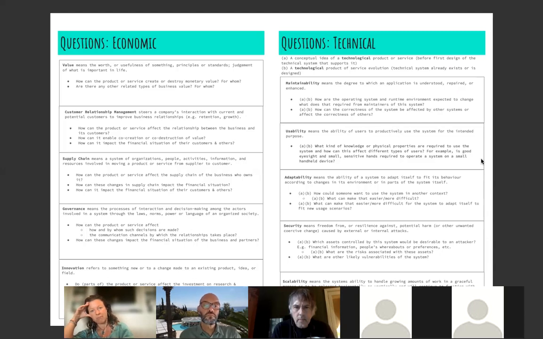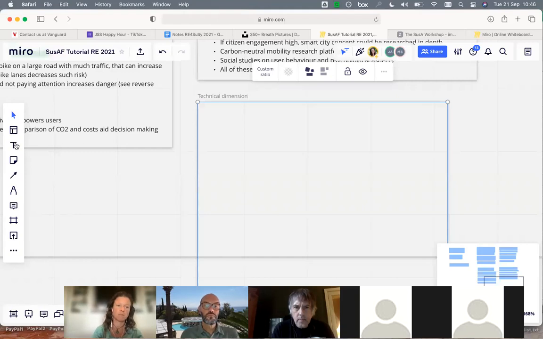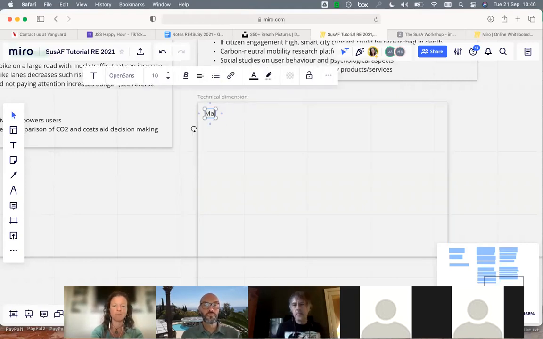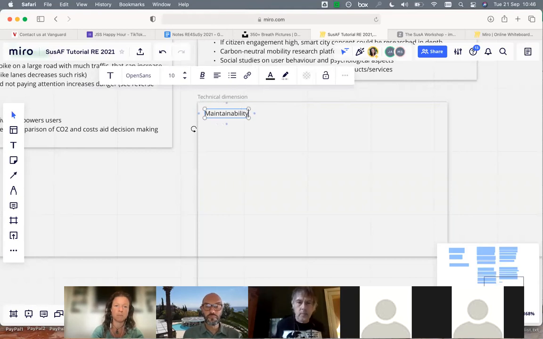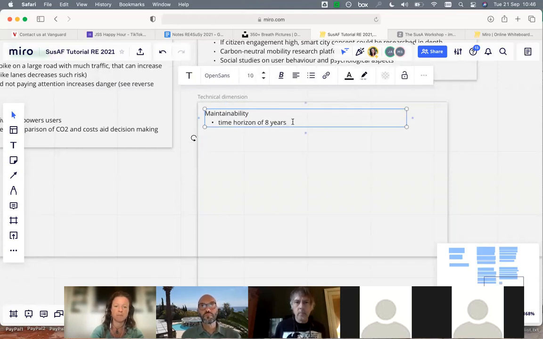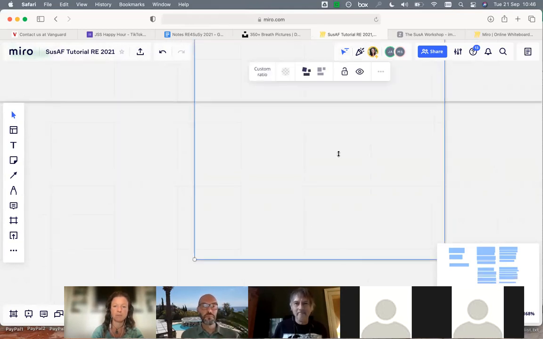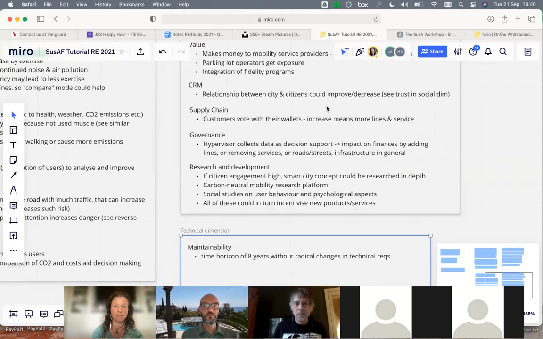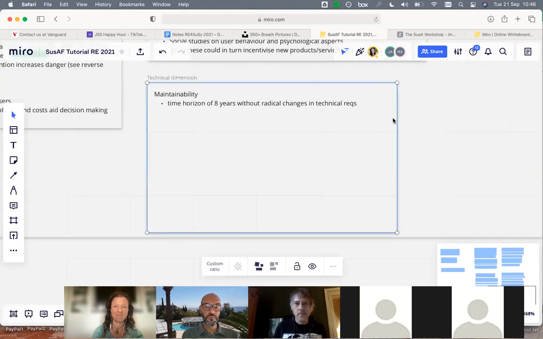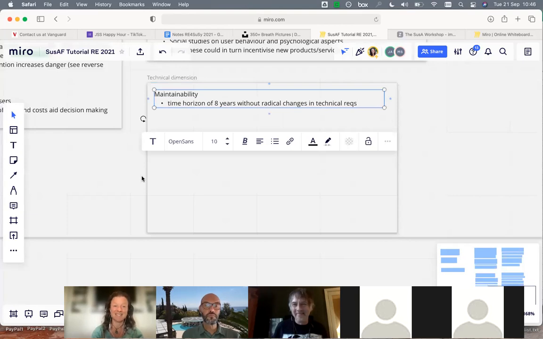We have a horizon of 8 years where there will be continued maintenance, but we do not expect a radical change in technical requirements. And then who knows, right? In our field, 8 years is an eternity. But hey, I prefer this to designing a system for Rolls-Royce. Those are 50 years. Yes.